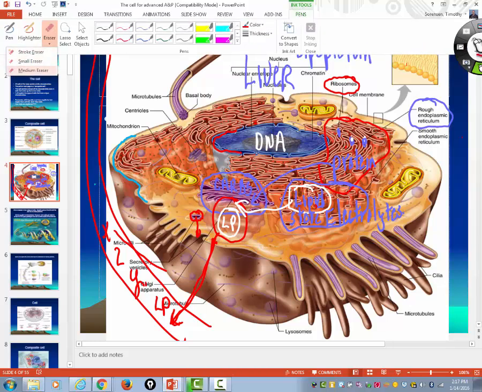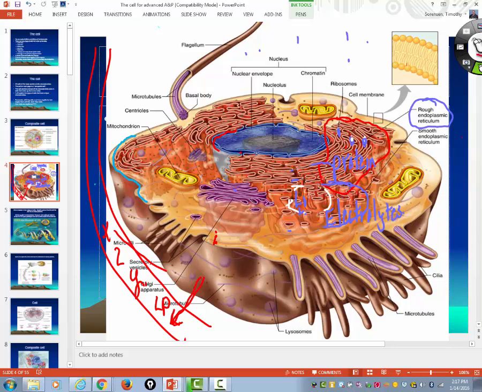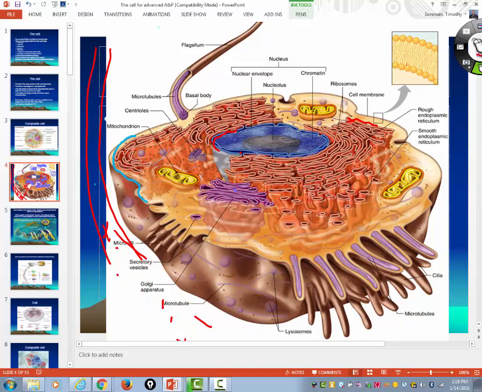Now, this cell that we have right here is referred to as a composite cell. A composite cell is a cell that has all the different types of features found in individual cells all wrapped up into one. Let me explain that even more.